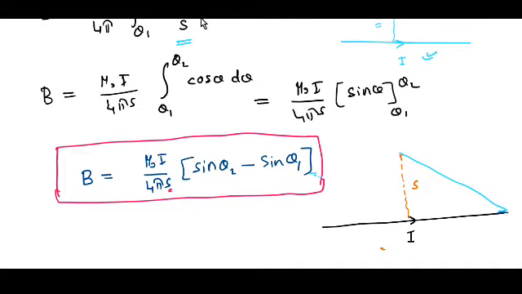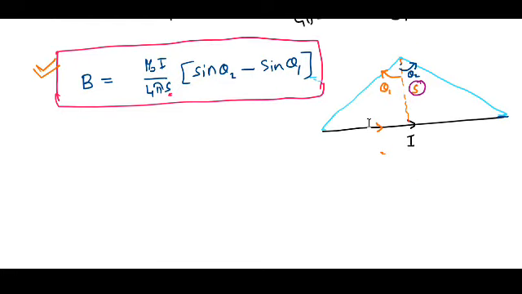From the one end, this varies from here to here, that is our theta 2, and for the other length element, the theta 1 varies from here to here, this is our theta 1. Okay, the current flowing through the wire is I. Then this expression gives the magnitude of the magnetic field at a distance s from the wire.